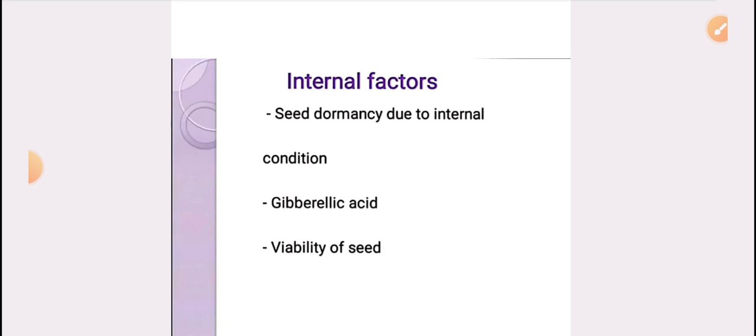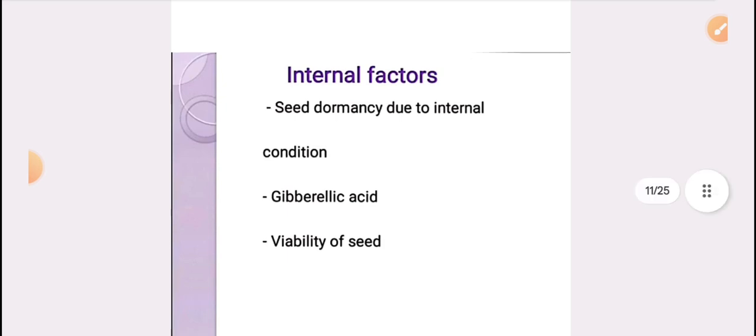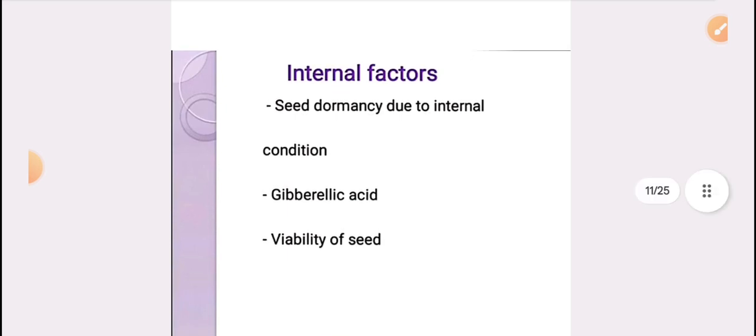We can break this seed dormancy with the use of gibberellic acid, and we are able to germinate the seed with the treatment of gibberellic acid. Another internal factor is viability of the seed.